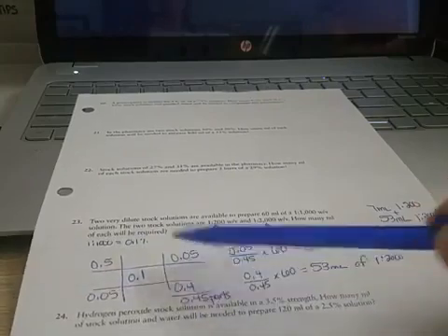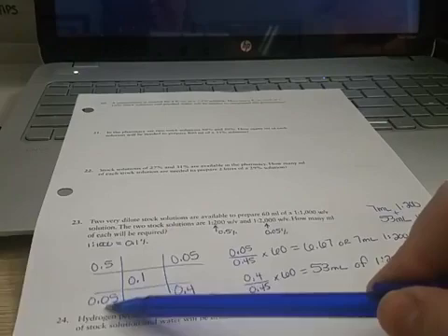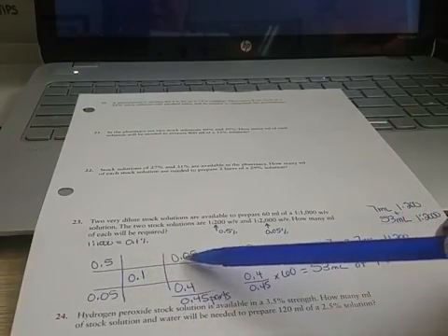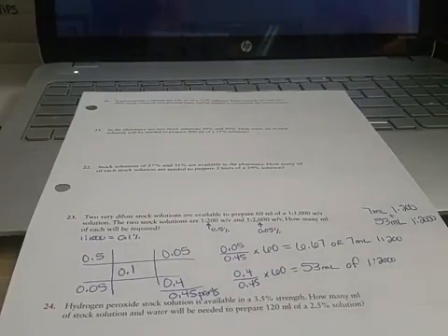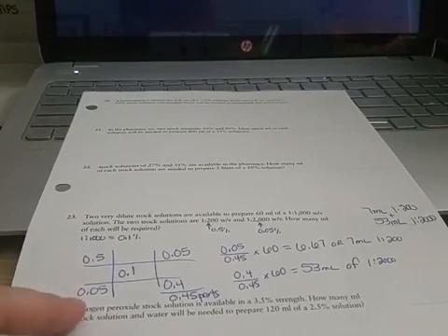And you do your subtraction. 0.5 minus 0.1 is 0.4. 0.05 minus 0.1 equals 0.05. Hold on, it looks a little weird right now.